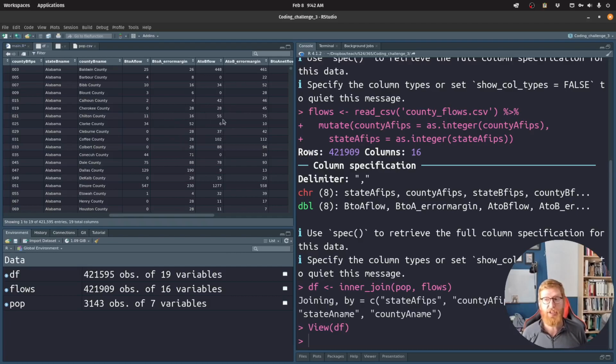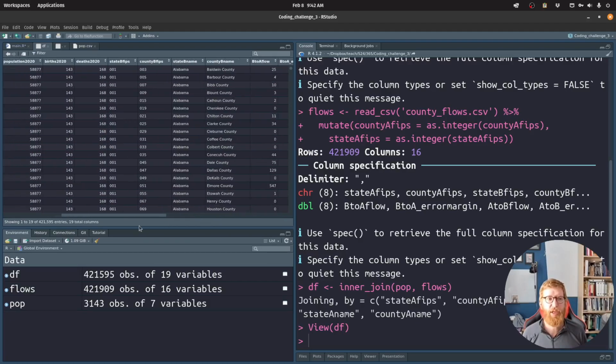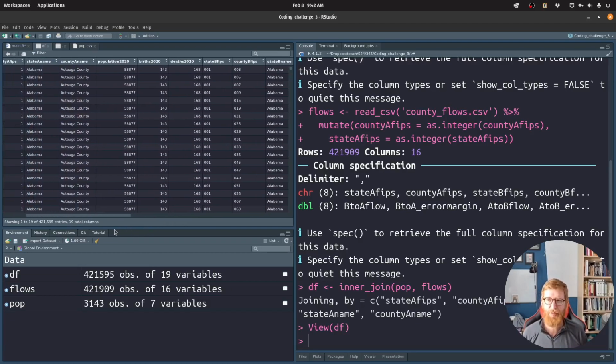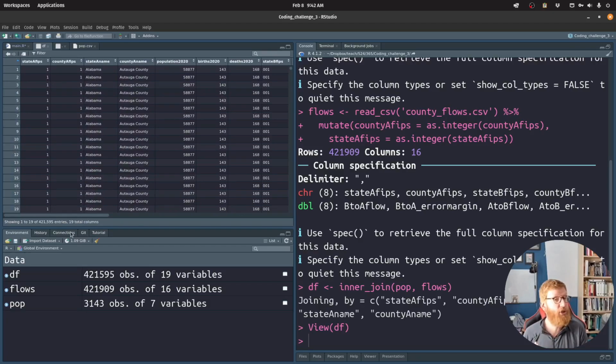If you were seeing a bunch of NAs here, a bunch of not available empty values, that would imply that something weird was going on. And I talk about that a little bit more in the next video, but the very short version is when it's combining these two data sets, it's looking at the column names, the names of each variable, and it looks for where there's some overlap. And there's overlap with state FIPS, county FIPS, state name, county name, right?